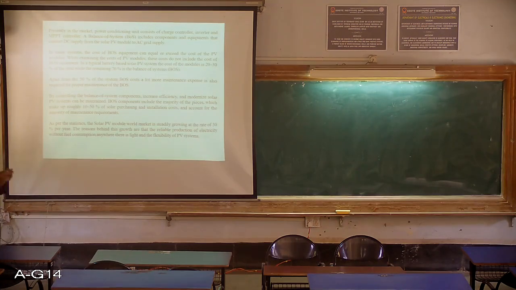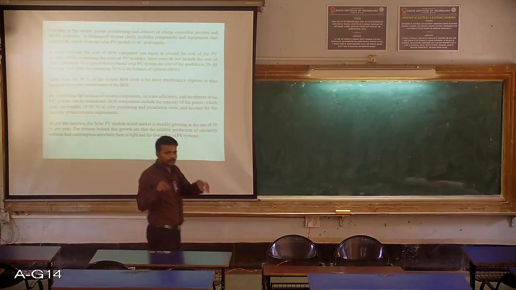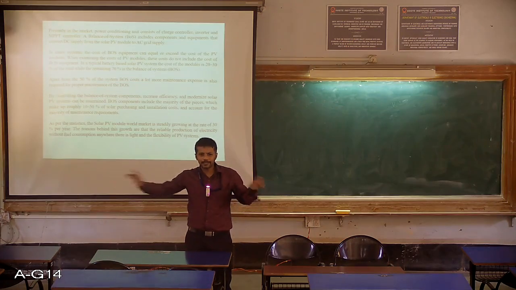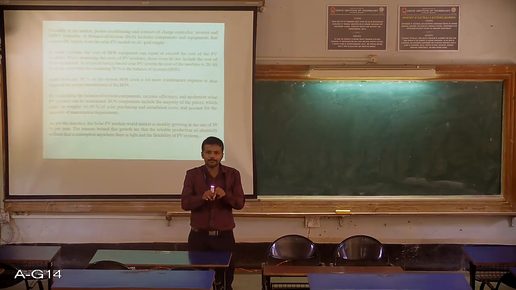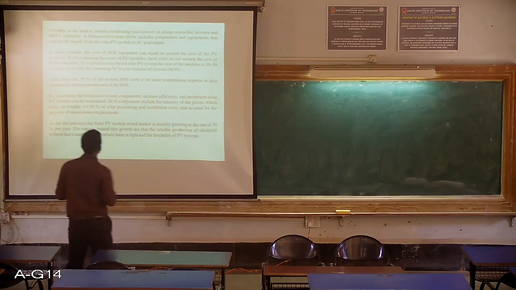So BOS means the entire setup. Entire setup means the entire solar system, from panel to the end inverter, that entire system we call as the BOS. That is the balance of system.